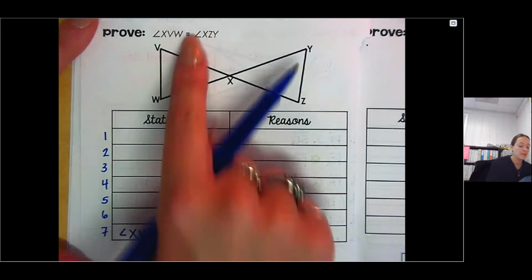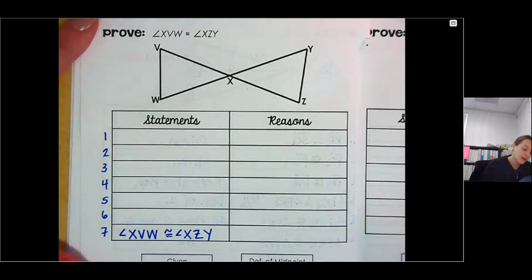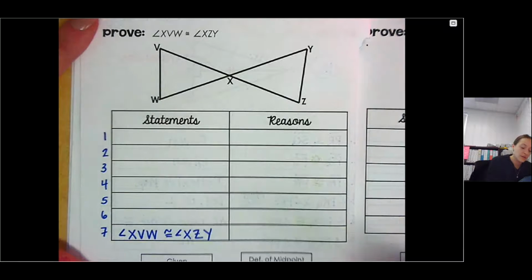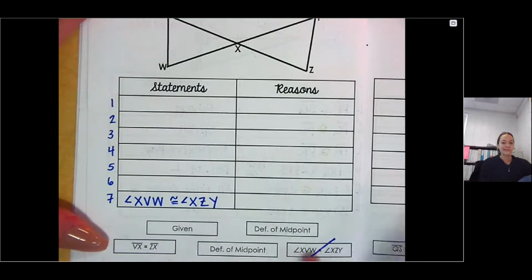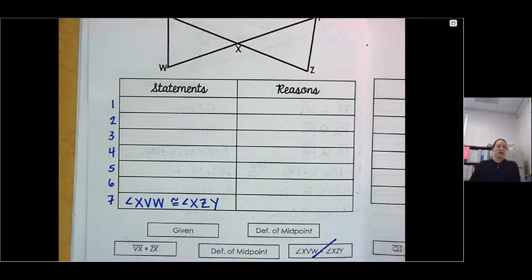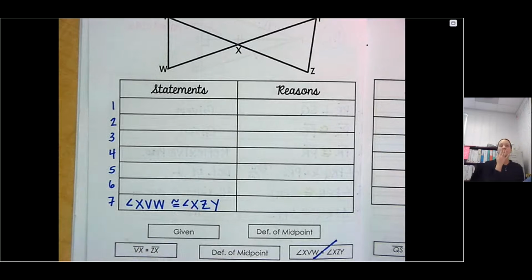Okay, I just copied my proof statement. I'm also going to cross it off at the bottom so I don't get confused. It's right over here. Okay, so I've written down that's my final proof, which is interesting. That means I'm going to prove the triangles are congruent before I do this.